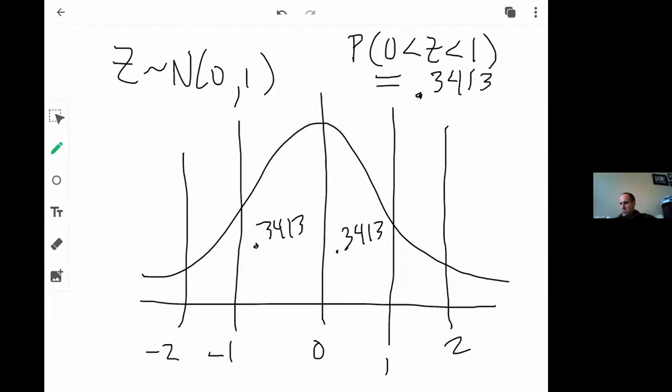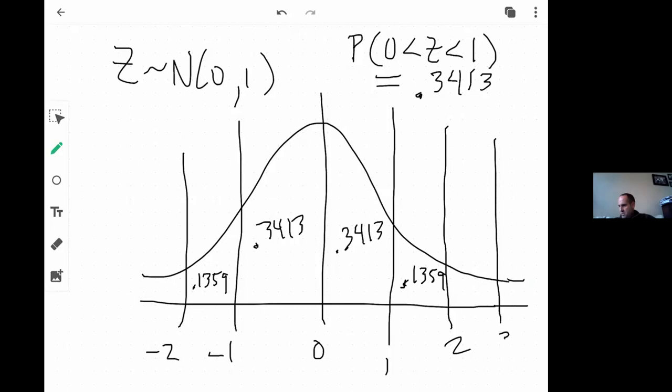Between 1 and 2, we discovered it was 0.1359, and that's what this would be as well.